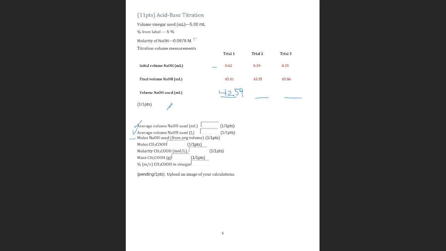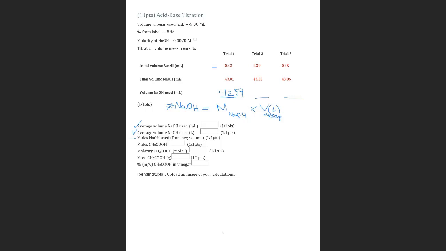The number of moles of sodium hydroxide is going to be the molarity of the sodium hydroxide times the volume in liters, but we are going to use the average, right?